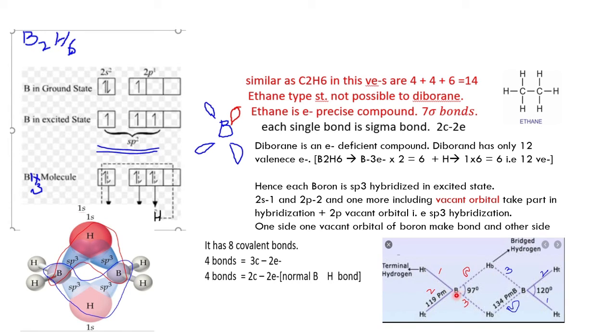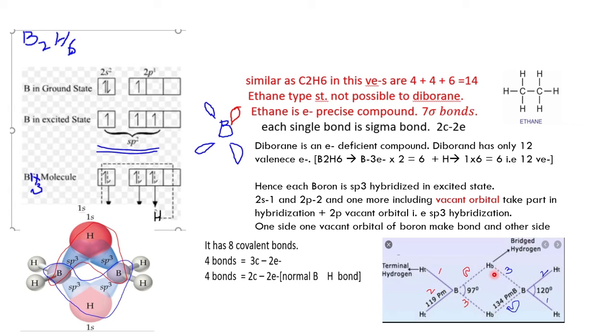This boron is sharing with these 2 terminal hydrogens and this one bridge hydrogen. In the same way, this other boron shares electrons with these 2 terminal hydrogens and with this bridge hydrogen, isn't it?